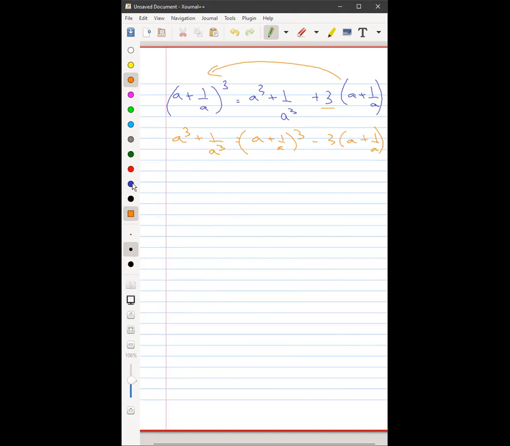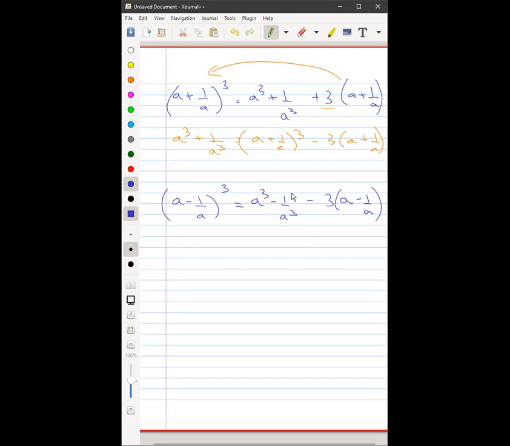Similarly, we'll have for (a minus 1 upon a) the whole thing cube. Everyone pay attention first. Ishan, what will this be? Yeah, a cube minus 1 upon a cube minus 3 into (a minus 1 upon a).